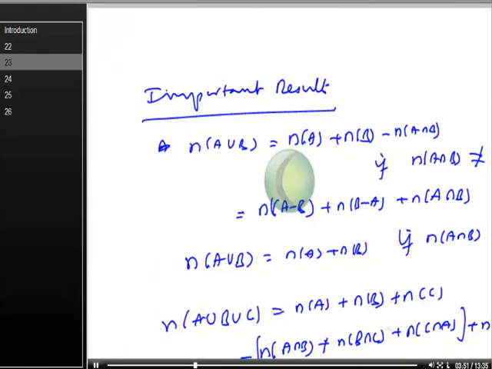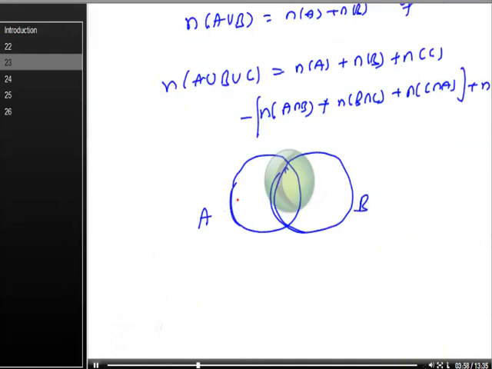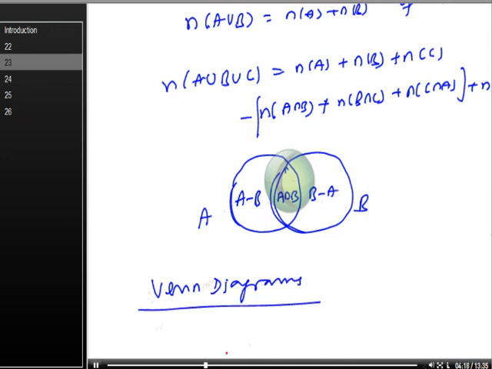If you want to represent this in a Venn diagram of two sets A and B, this part will be A minus B, the right side will be B minus A, and in between will be A intersection B. It's called a Venn diagram. To understand and illustrate the relationship among sets, we represent them pictorially by means of diagrams.